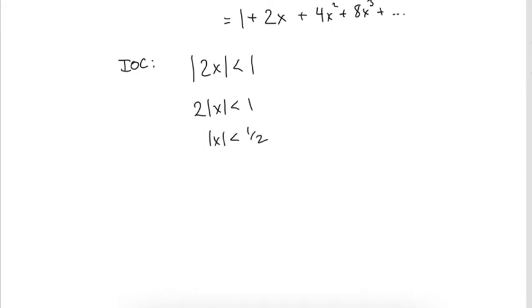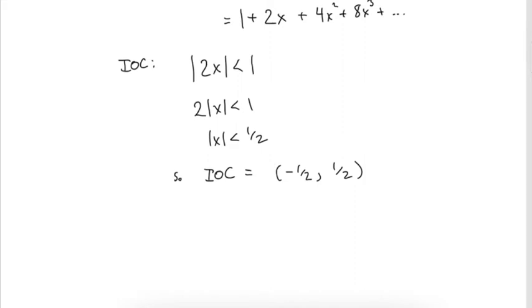And so this is the open interval from -1/2 to +1/2. That's what this means. So the interval of convergence is the interval -1/2 to +1/2. All right? These are the numbers for which the absolute value is less than 1/2. That's my interval of convergence.